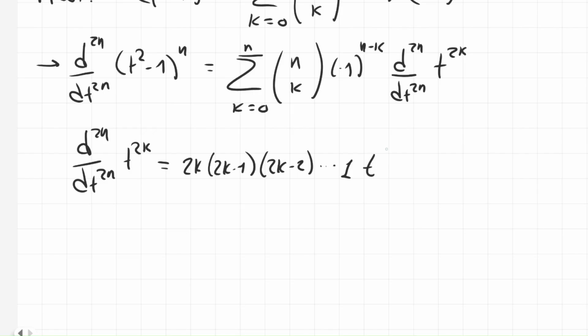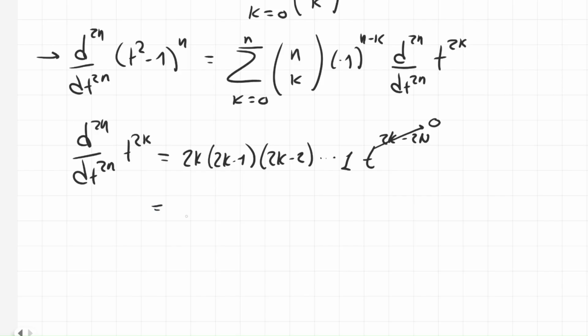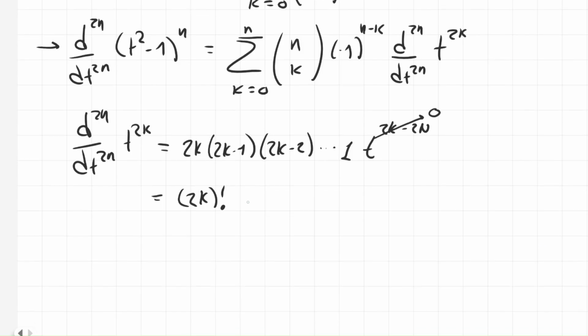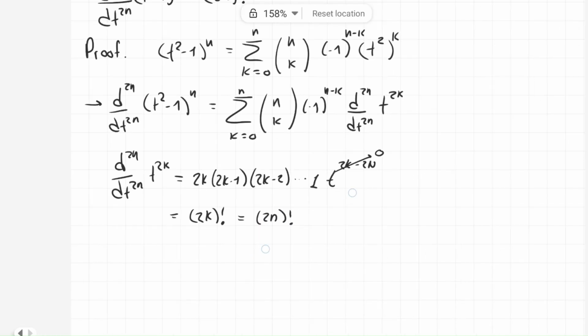And then t to the 2k minus 2n. But if n is equal to k, of course, this is going to be equal to 0. And then we will have a 2k factorial over here. Okay, perfect. But looking that k is equal to n, we will have that this is 2n factorial.